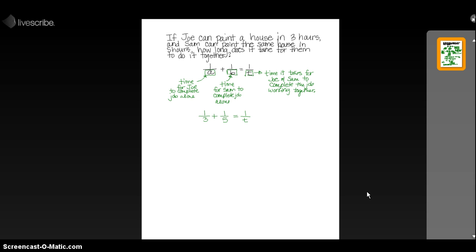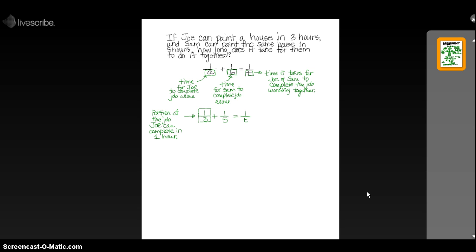Now let's talk about why this formula works. So 1/3 represents the portion of the job that Joe can complete in 1 hour. Okay, let's think about that.